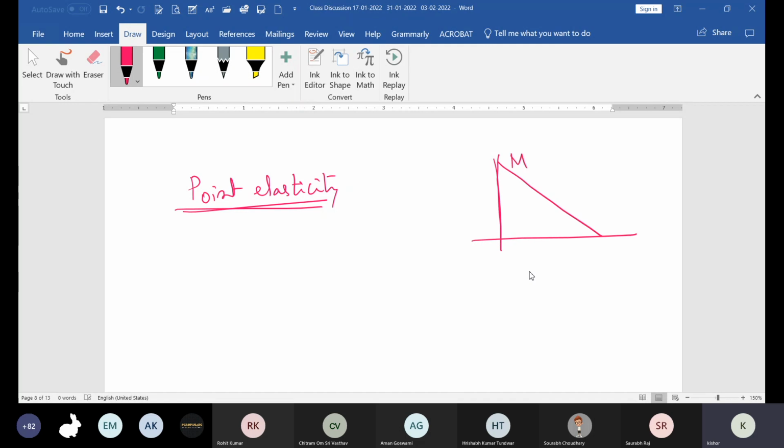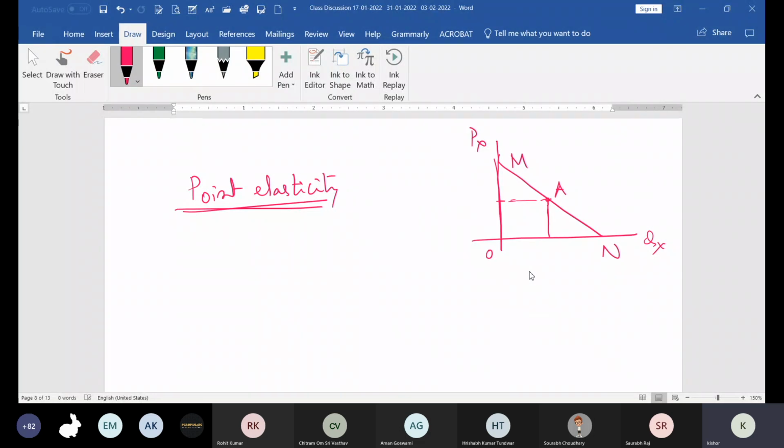Suppose this is your MN, you are measuring elasticity at point A. Here, if you measure point elasticity, when you are measuring elasticity for a very minute change in price, close to zero, not exactly zero, then also you are getting that sensitivity measurement with respect to price.